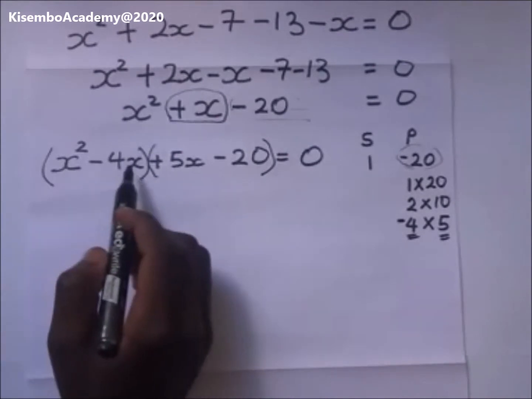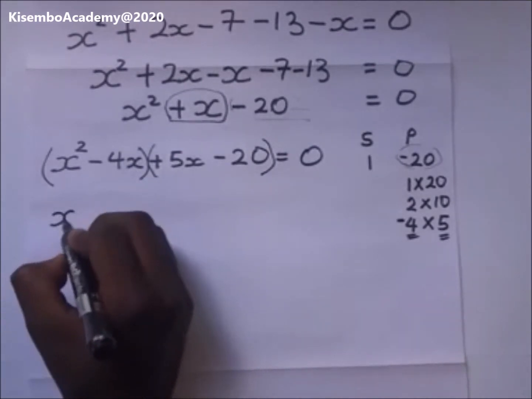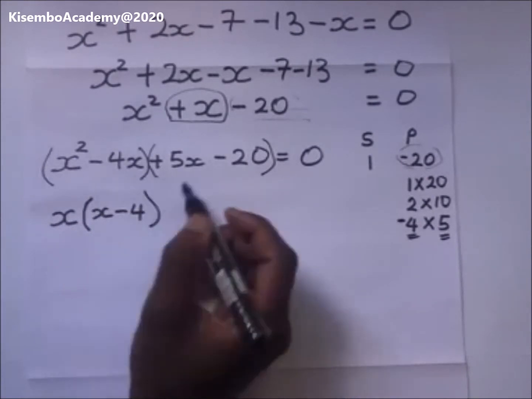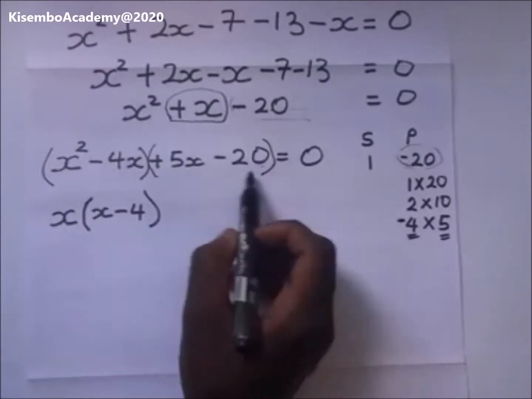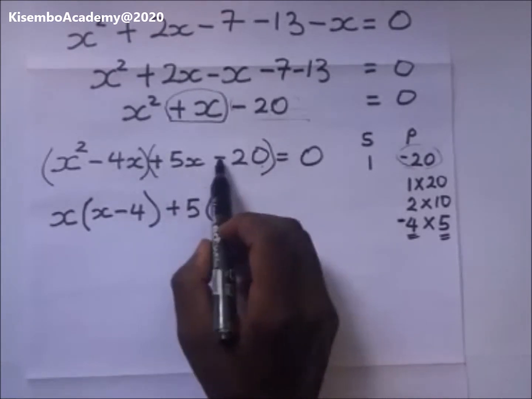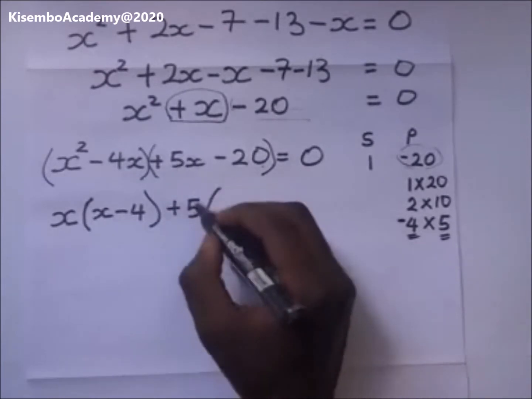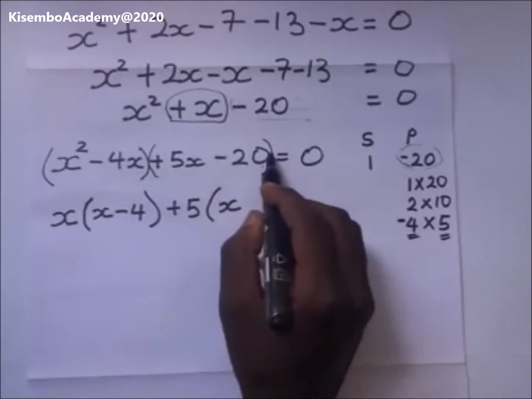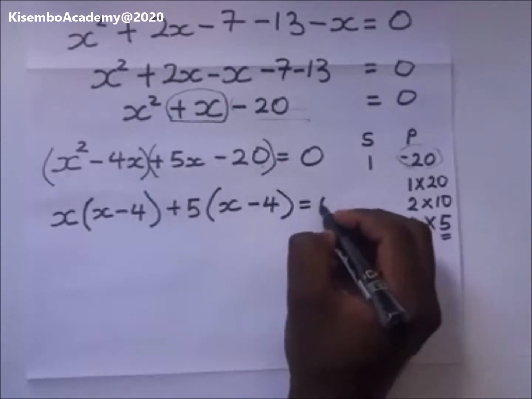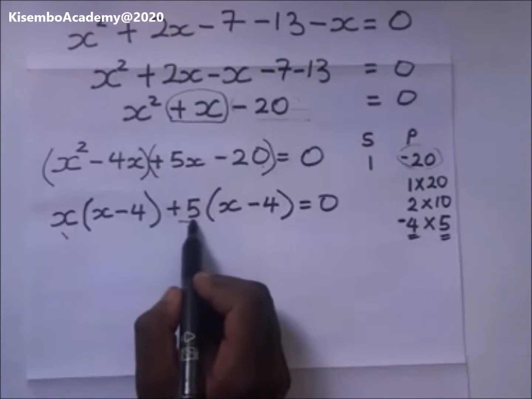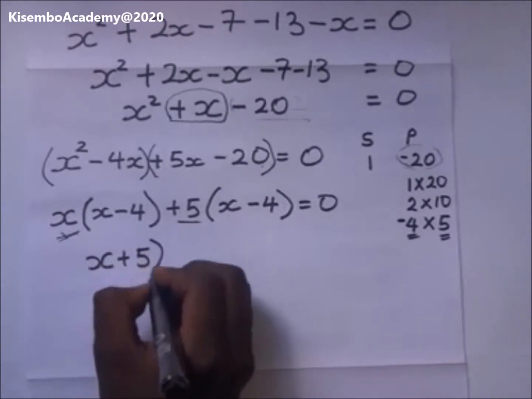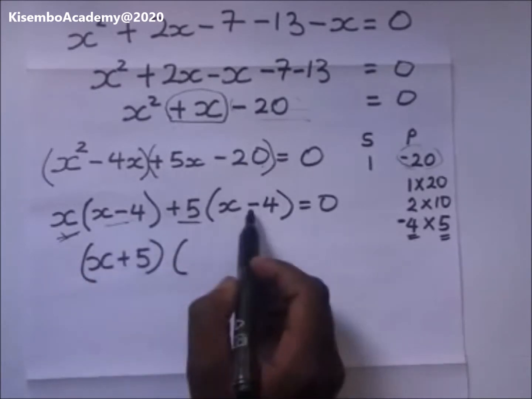The common factor here is x, so we put x outside the brackets into x minus 4. Then the common factor here is 5, so plus 5 into x minus 4, since 5x divided by 5 is x, and negative 20 divided by positive 5 is negative 4. We put the terms outside the brackets in their own bracket, so it becomes x plus 5 into x minus 4.